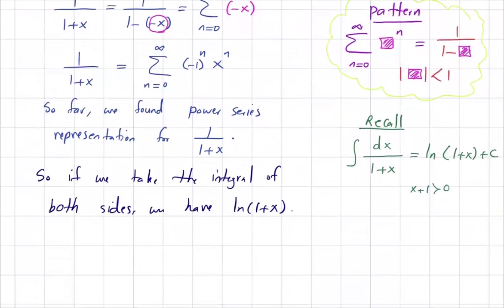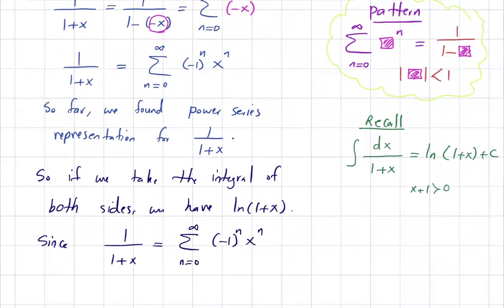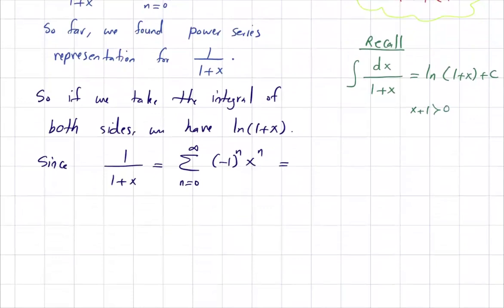So since 1 divided by 1 plus x can be written as the summation of negative 1 to the power n, x to the n, and n starts from 0 and goes to infinity, I can write this first of all as negative 1 to the power 0, x to the power 0, plus negative 1 to the power 1, x to the power 1, plus negative 1 to the power 2, x squared, plus the rest of the terms.